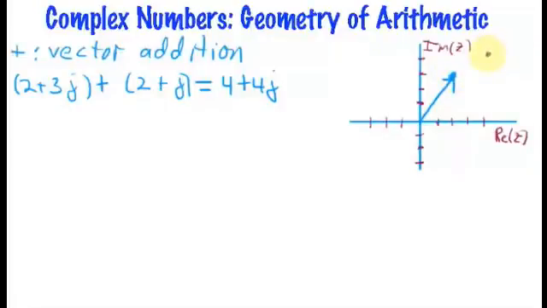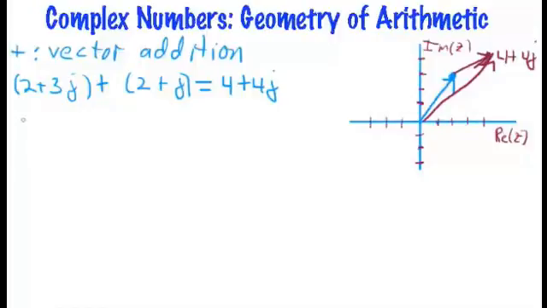It looks like this. We do the usual vector addition, and what we end up with is the sum, which looks like this. This vector right here, 4 plus 4j, or as a vector, 4 comma 4.